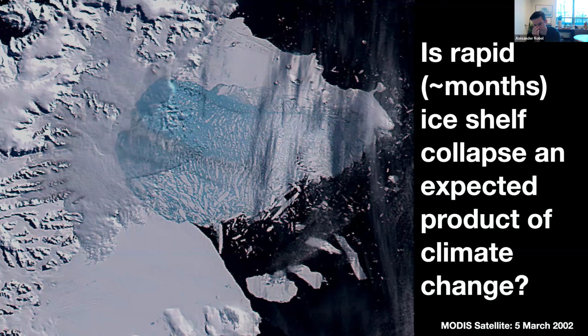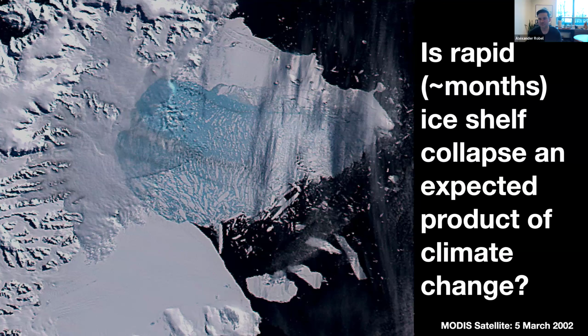And this has been the product of a lot of research in the last 2 decades. The question that I'm trying to answer with this next part is, is rapid, month-scale ice shelf collapse an expected product of climate change? That's because whether an ice shelf disintegrates in a month or 10 or 20 years is important to determining the subsequent response of the glaciers flowing into it.